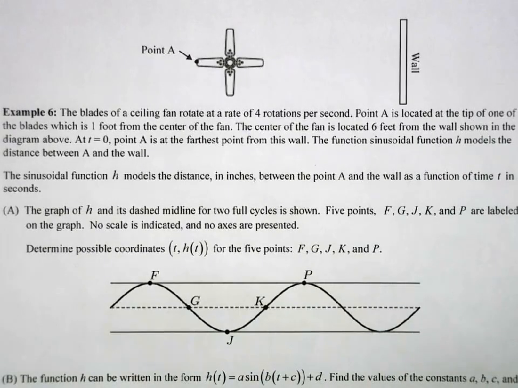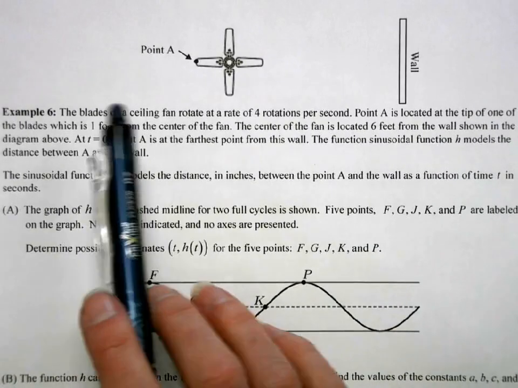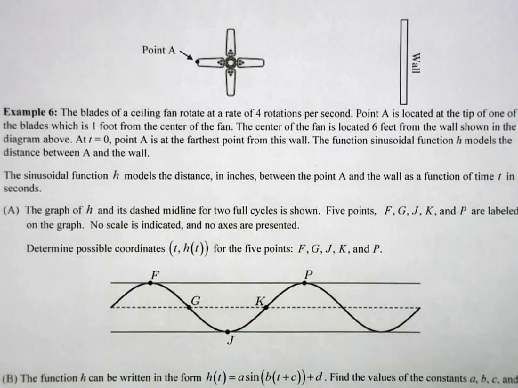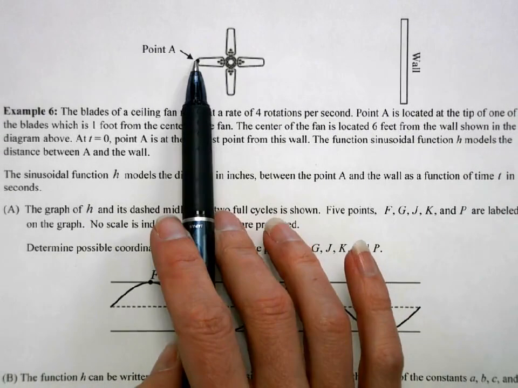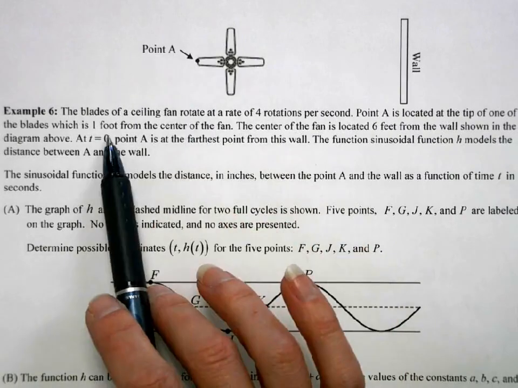Free response 3 is always going to be a sinusoidal function modeling some sort of real life scenario. The steps are going to be the same every time. The context will look different. So here, the blades of a ceiling fan rotate at a rate of 4 rotations per second. Point A is located at the tip of one of the blades, which is 1 foot from the center of the fan.